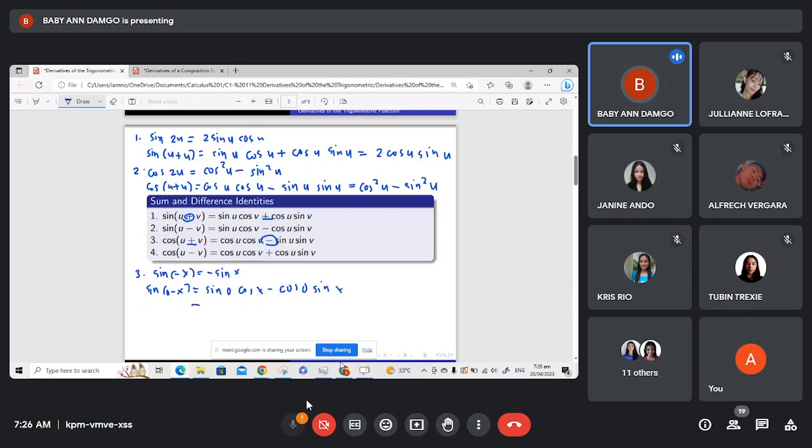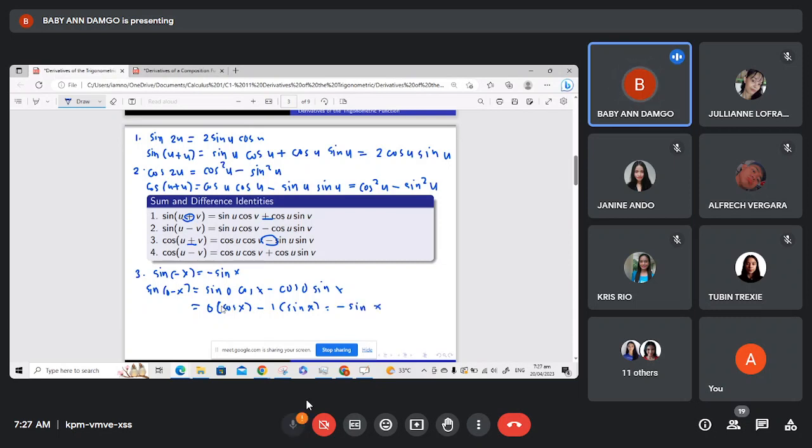Okay, what is the value of sine 0? It is 0. So this is 0 times cosine x. How about cosine 0? 1. Okay, this is 1 times sine x. So, simplify. So this is 0 minus, so this is minus sine x.